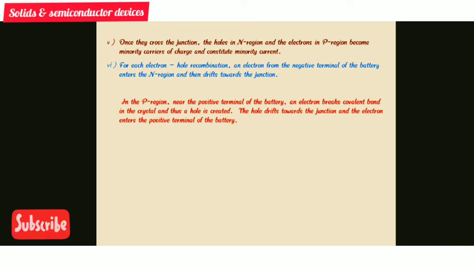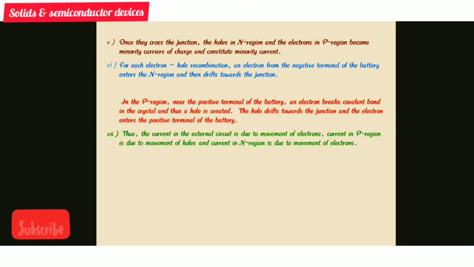The hole drifts towards the junction and the electron enters the positive terminal of the battery. Seventh, thus the current in the external circuit is due to movement of electrons. Current in the P region is due to the movement of holes and current in the N region is due to movement of electrons.